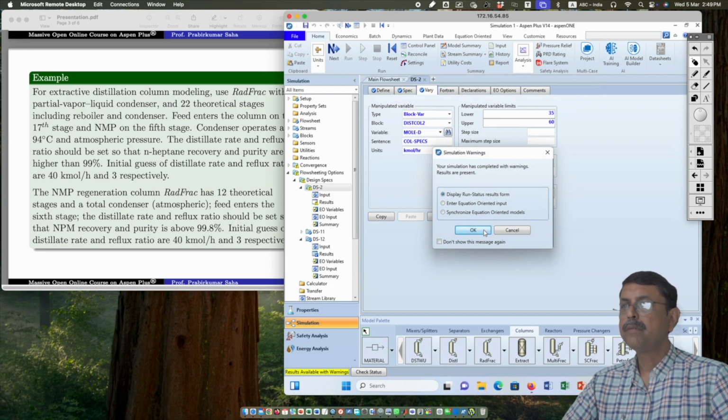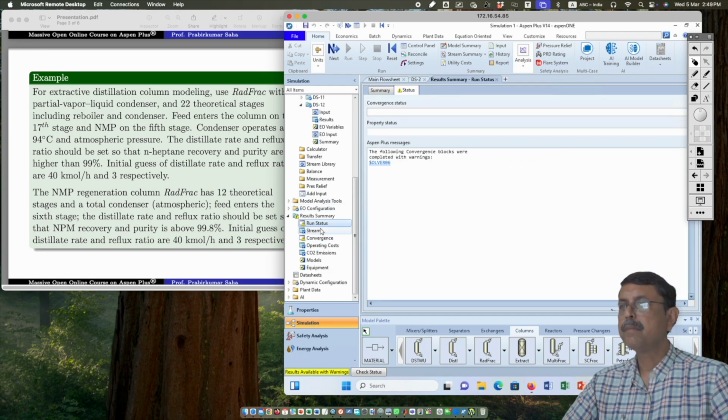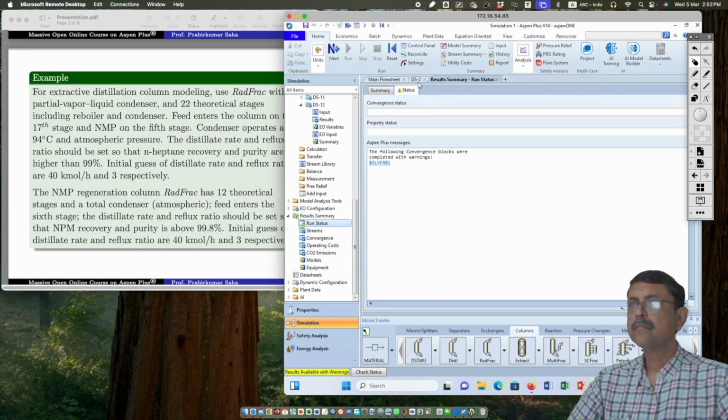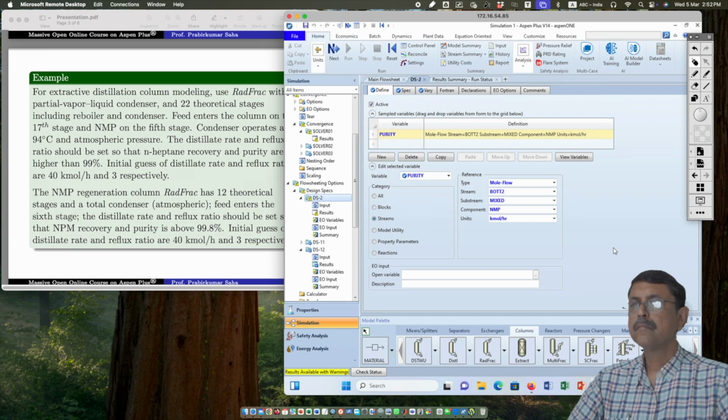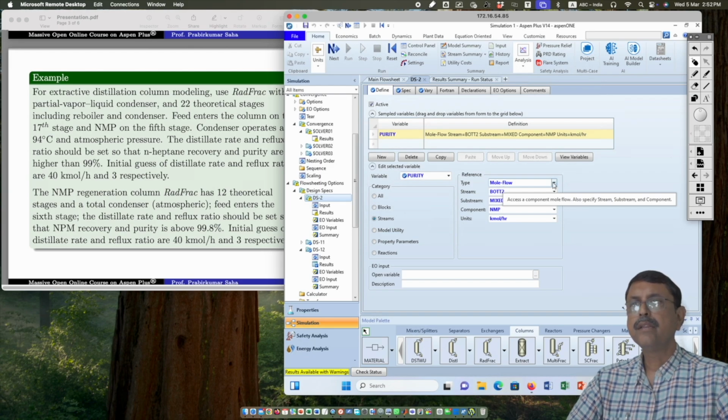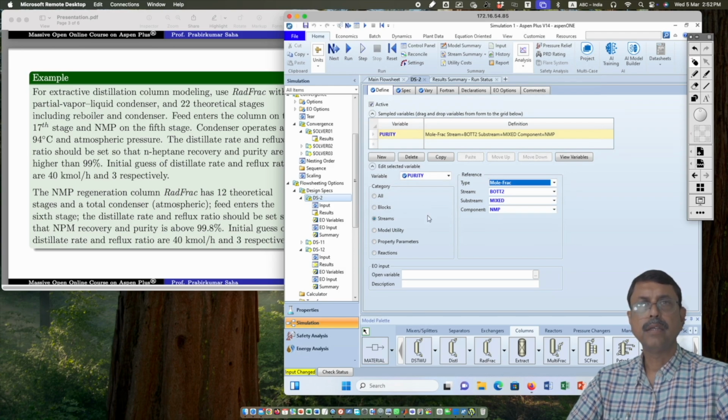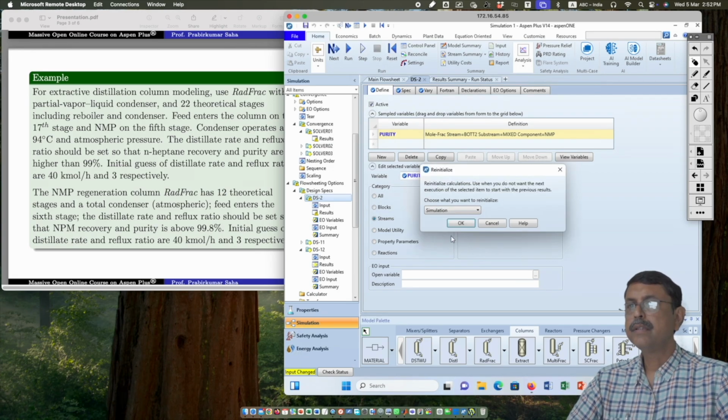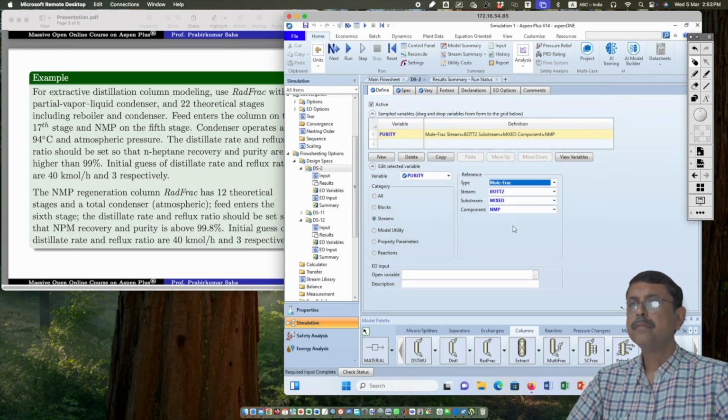There is a problem over here, so results are not coming as expected. Okay. So we have made a mistake. We should not use mole flow, right? It is mole fraction. Mole fraction of the NMP. That is the purity. Mole flow is not the purity, right? So with this mistake, we were not getting the solution.